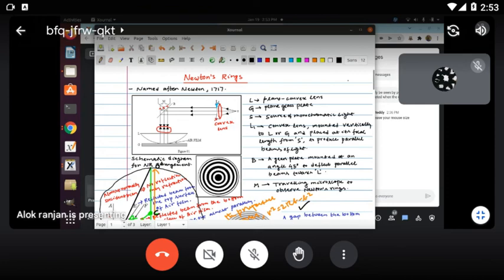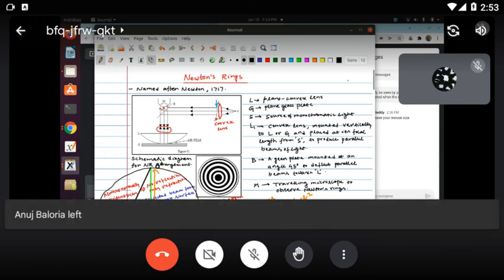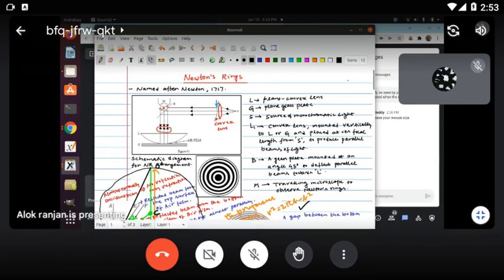Let's say a particular ring, the pth ring, or in particular, let's say the 20th ring. What will happen to the diameter of the 20th ring if we use some transparent liquid, or instead of an air film, we have a liquid film? Anybody?